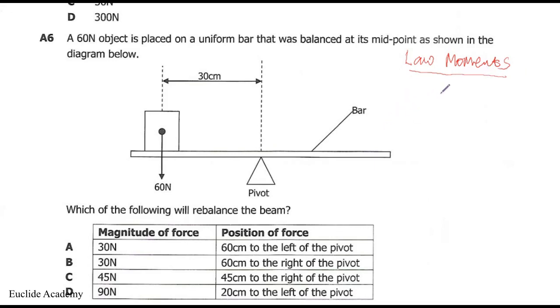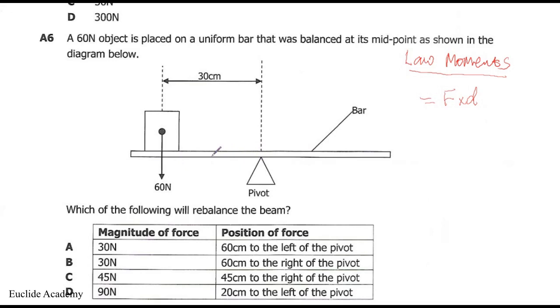For a moment, the turning effect or torque, the moment is equal to the force times the distance. So the clockwise moment and the anti-clockwise moment have to balance if this beam is to be in balance.